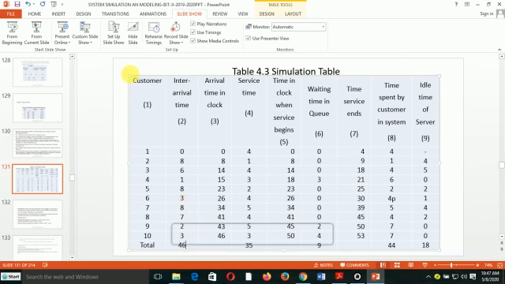This is what we call a simulation, a mathematical model using simulation. We simulate our queuing system for when we have one server giving services to many customers.